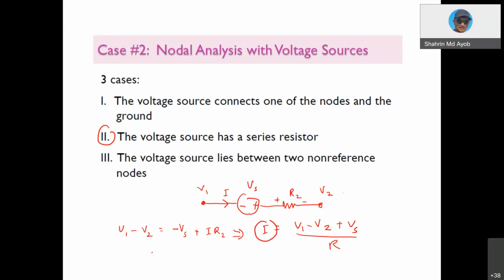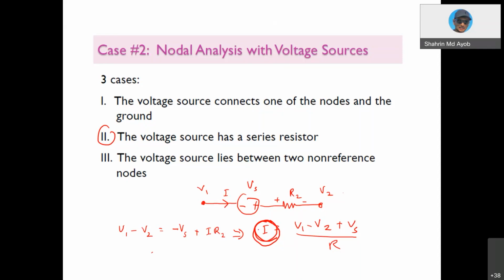For the node analysis, you need to find the equation for the branch current, right? So how can you write the branch current if, between node V1 and V2, you have a voltage source and a resistor?